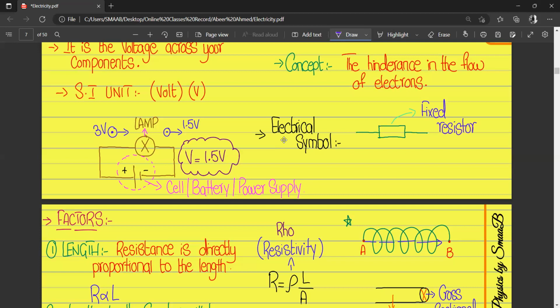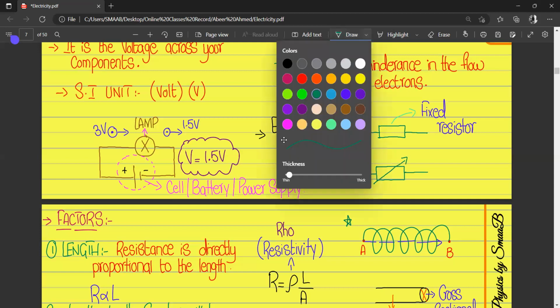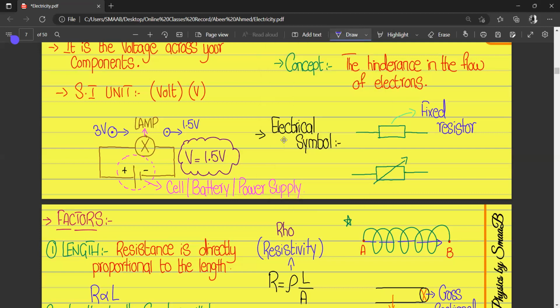And what happens if we use a variable resistor? What will be the diagram for variable resistance? Because we sometimes use a device where variable resistance is there. We need to draw a second diagram for that, and the diagram will be like this. So this symbol represents variable resistor, right? Yes.